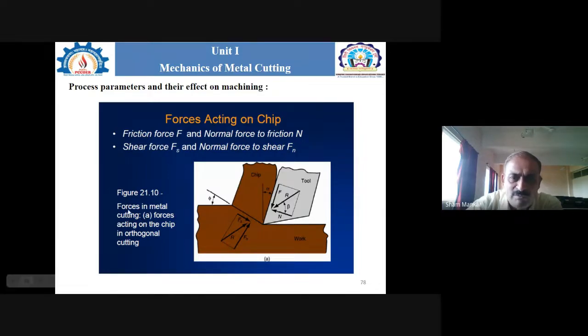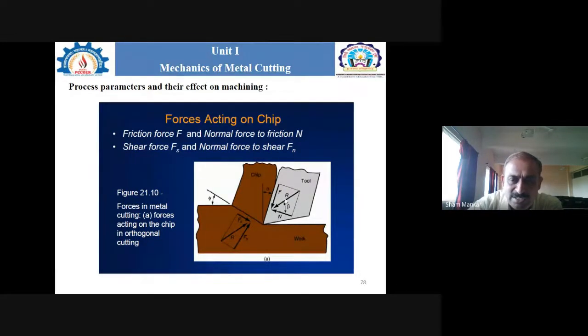When we are considering chip formation in an orthogonal cutting process, the friction force F, N the normal force to the friction, and the shear force Fs as well as Fn, the normal to the shear force, are acting on the chip.